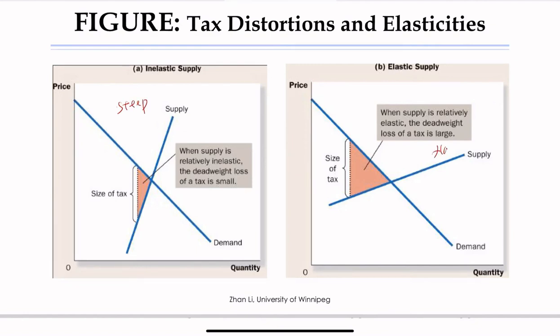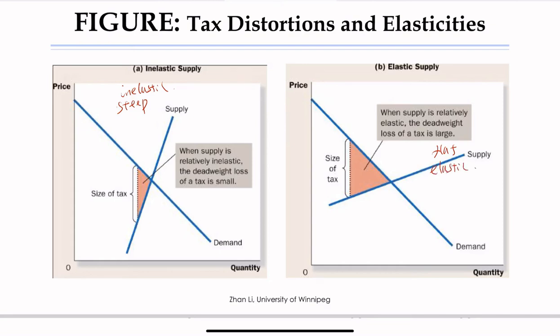Here we have a flat supply curve. And we have learned if a supply curve is steep, then it's generally inelastic. And if a supply curve is flat, then this is more elastic.